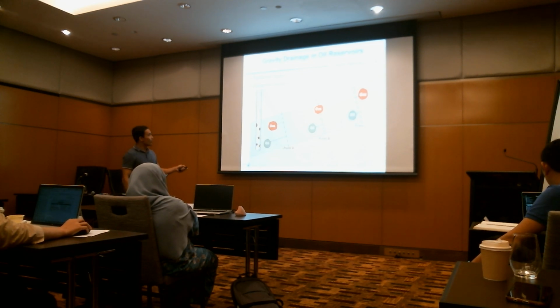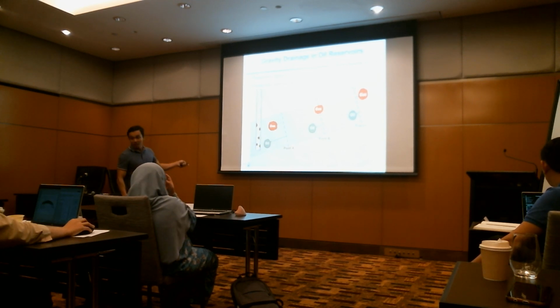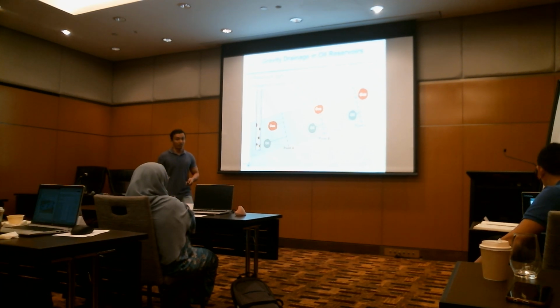It means you're expecting clean oil because of the gravity segregation. The gas goes to the top, oil goes down. So in your perforation zone over here, you expect to have clean oil. So that's the benefit of gravity drainage.